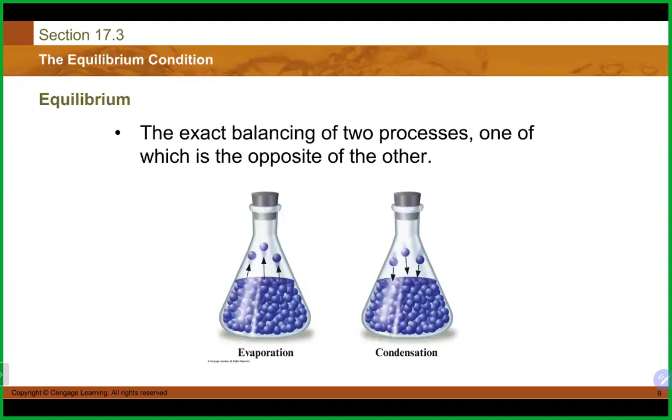Now, one of the places where we actually do see equilibrium is when we see phase changes. It can be chemical reactions that occur, but it can also be physical processes where we see equilibrium.